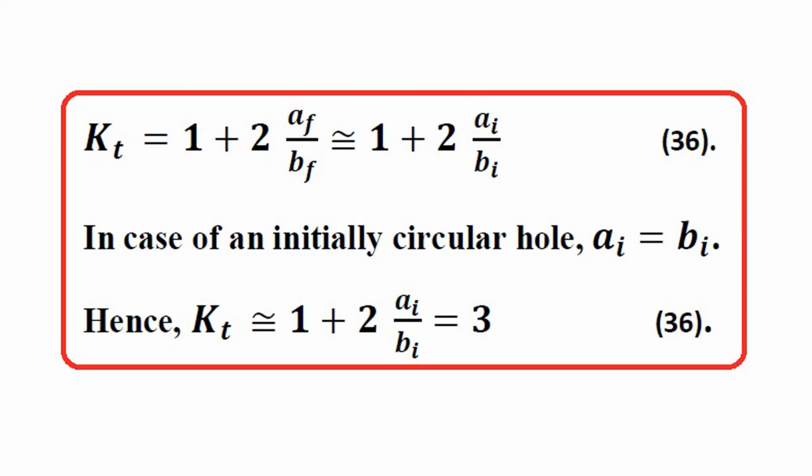Many researchers have used and continue to use the small strain assumption. In order to simplify their analysis, they use initial dimensions where expected deformations are small. Hence, in case of a circular hole, when they use initial dimensions instead of final dimensions, they conclude that the stress concentration factor using expression 36 is 3.